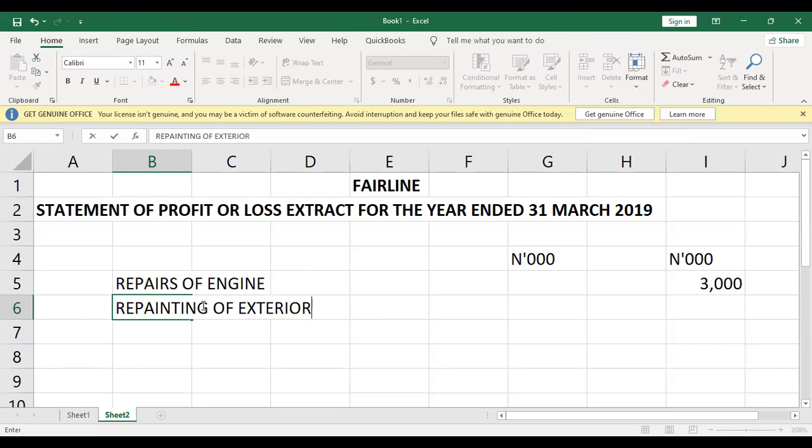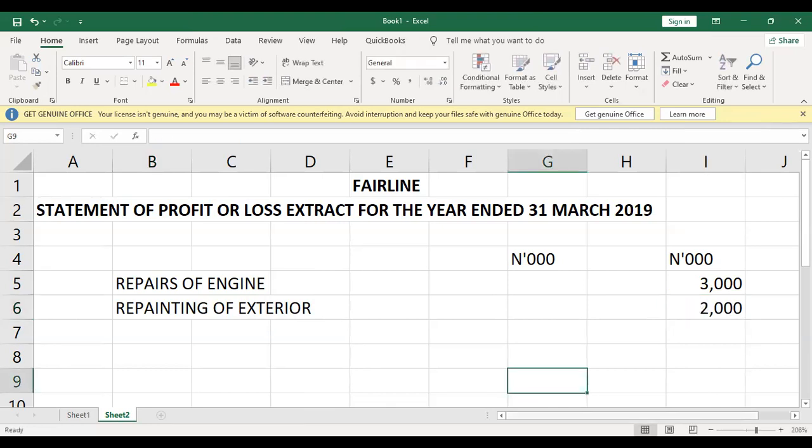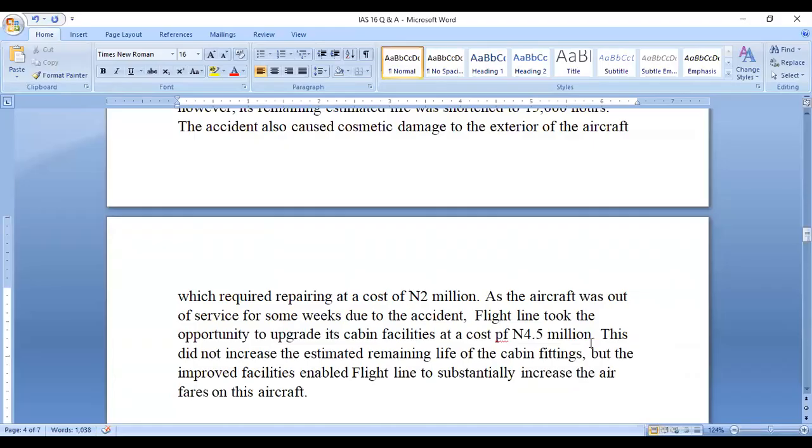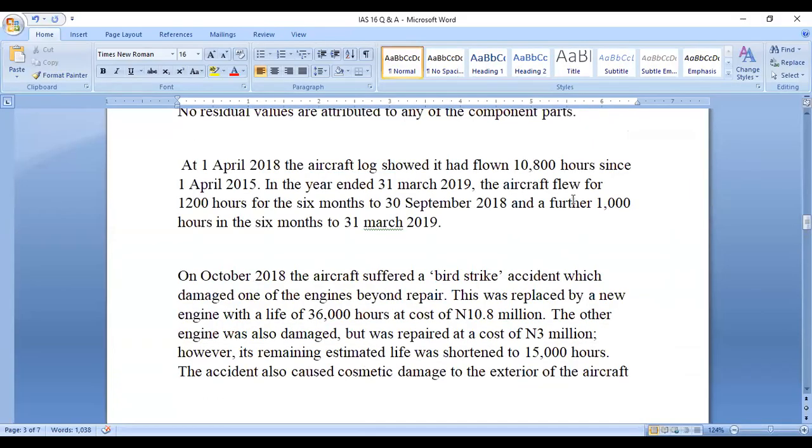Of exterior, we have it as 2,000. So we're done with that. So we now go back to where we have all the depreciations and the rest. So let's go back, okay?